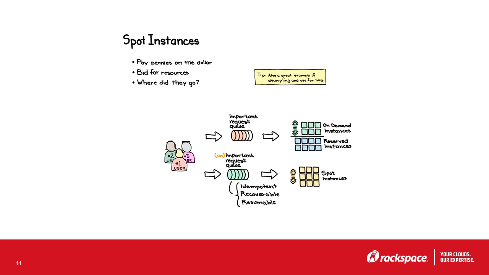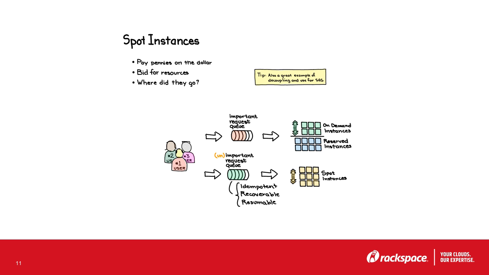Now, one thing to note about your use of spot instances, as I mentioned earlier, they can come and go fairly randomly. So if another AWS customer bids on those same resources and outbids you, those EC2 instances can go away. And so you need to make sure that the work those spot instances are doing is either idempotent or can be recovered or is resumable.